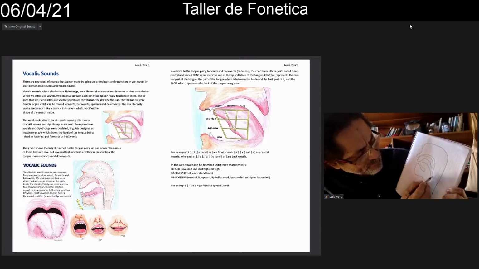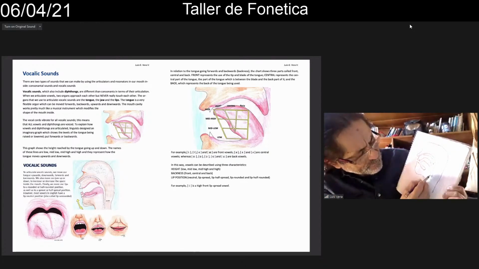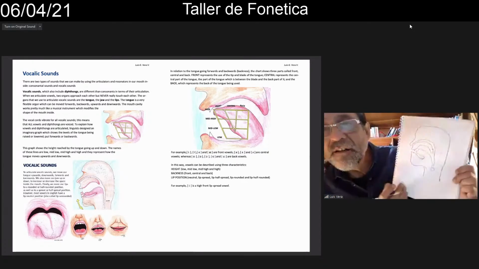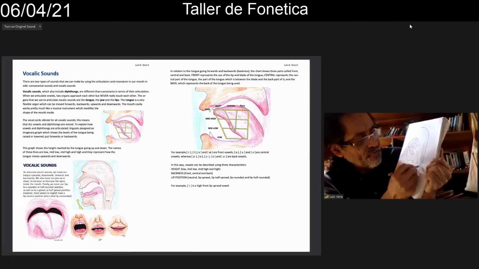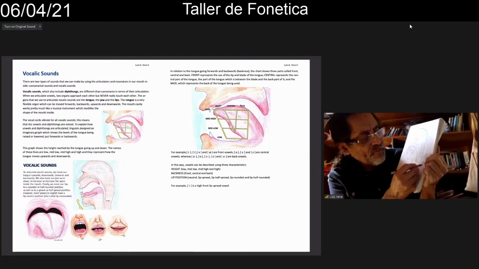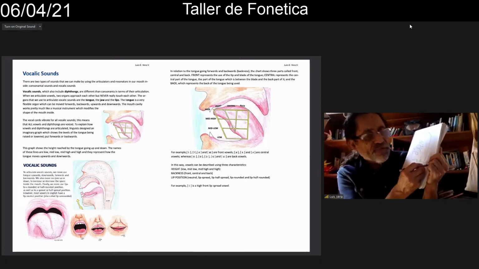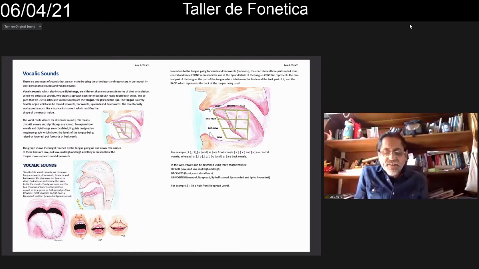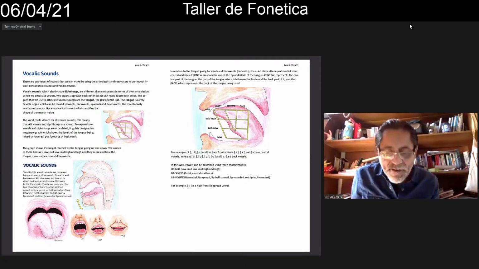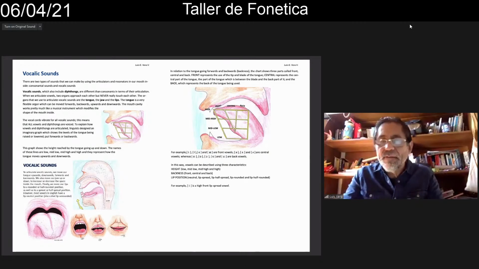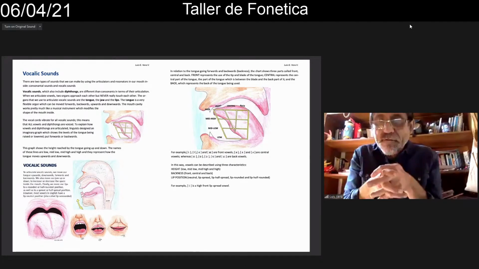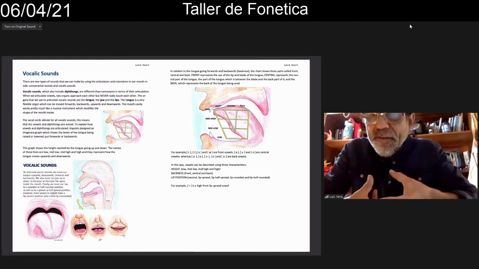And then up to here, you have the vocal cords. The vocal cords are a set of tissues that adopt two positions, open and closed.